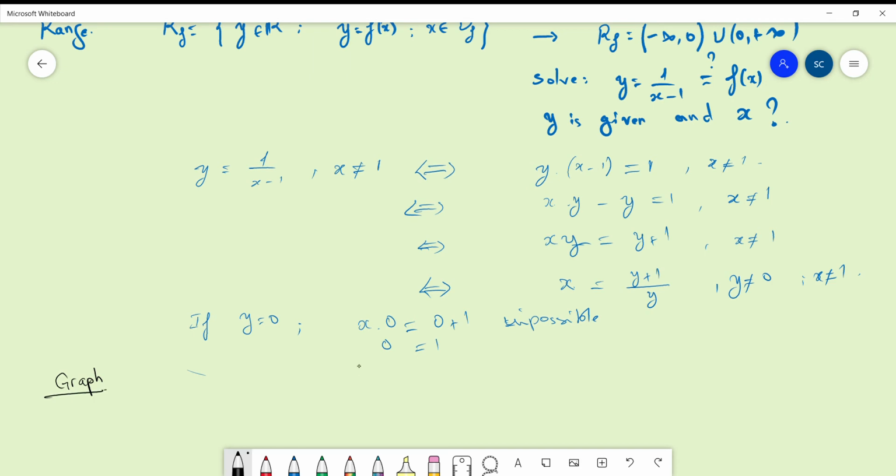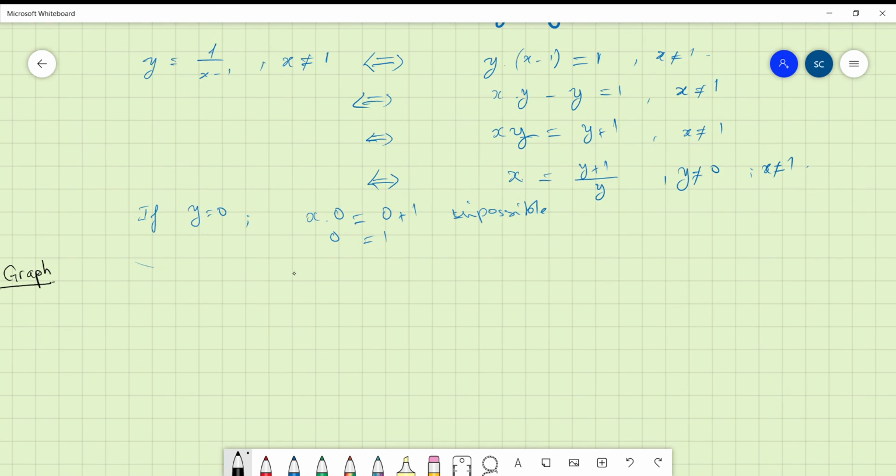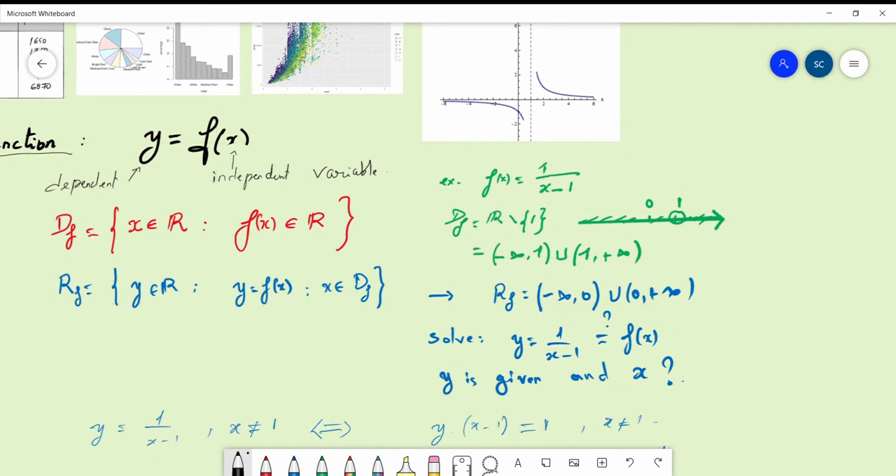The graph, as you know already, you met already the graph of a function. So the graph, the curve you are looking at in this figure, is the graph of our function.